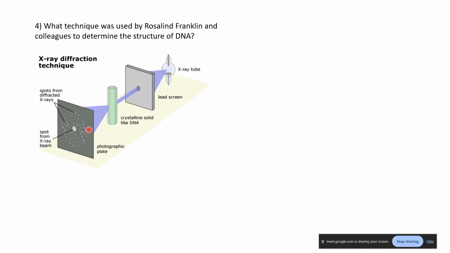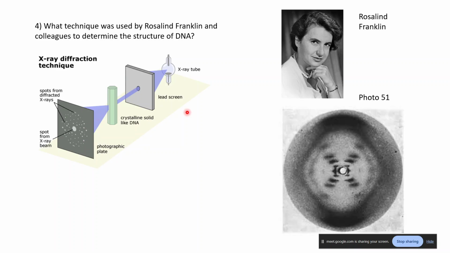That's what they did for DNA. This spot in the middle is just the parallel beam that goes right through, so that will be an empty space. Around it, you will have different diffracted spots from different components of the DNA helix. And that's how they solved the structure of initially just the B form of DNA.